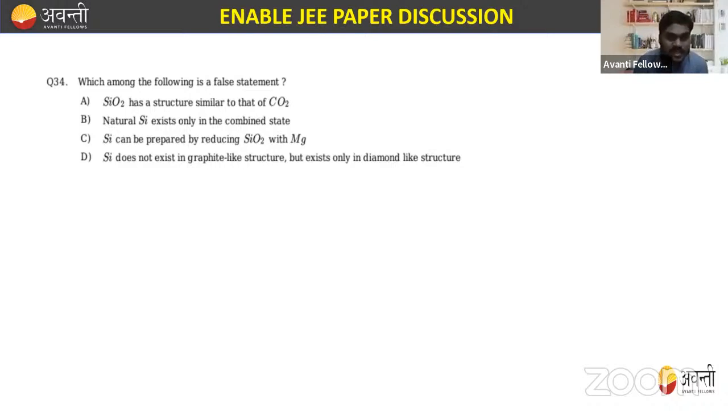The third point states that Si can be prepared by reducing SiO2 with magnesium. And the fourth point states that Si does not exist in a graphite-like structure, but exists only in a diamond-like structure. So out of these four options, which option is going to be false?